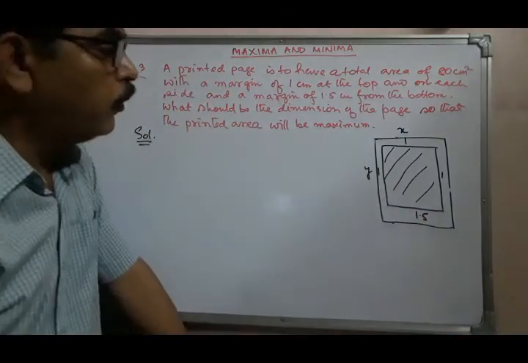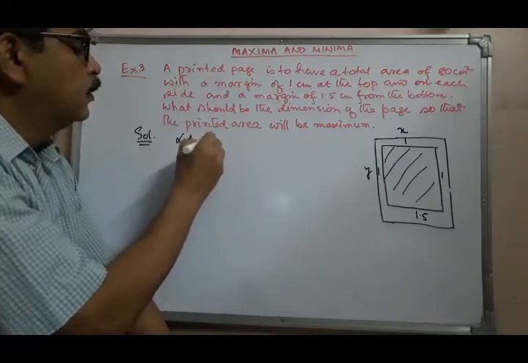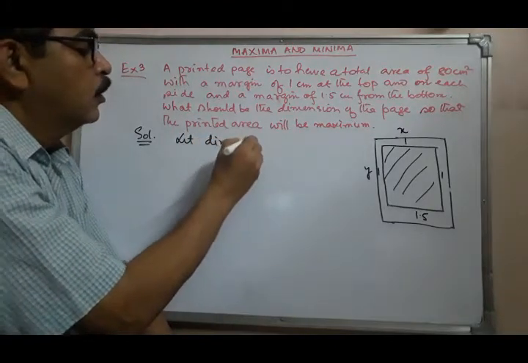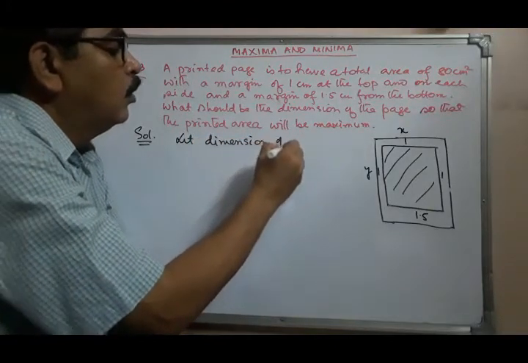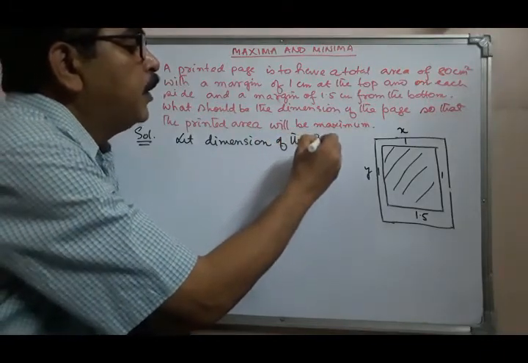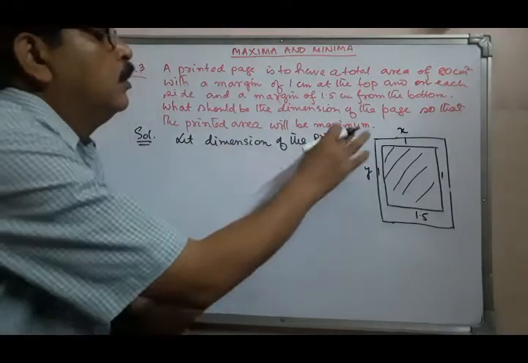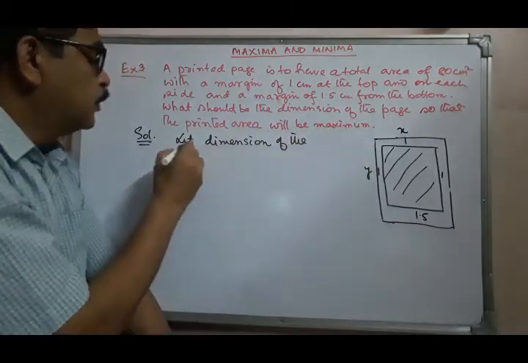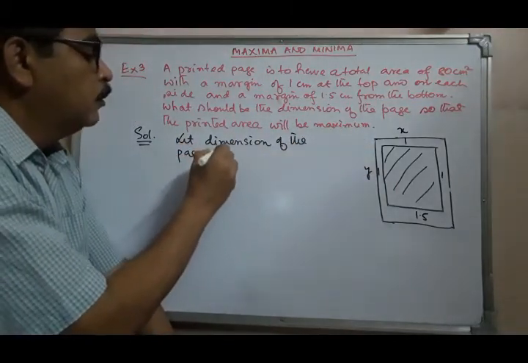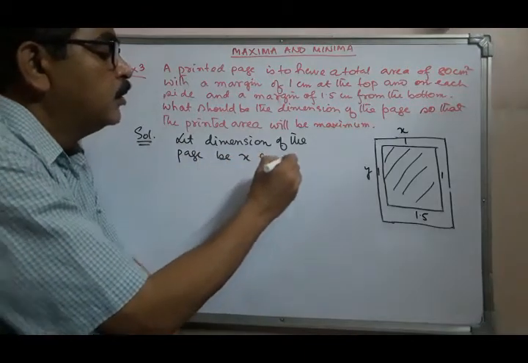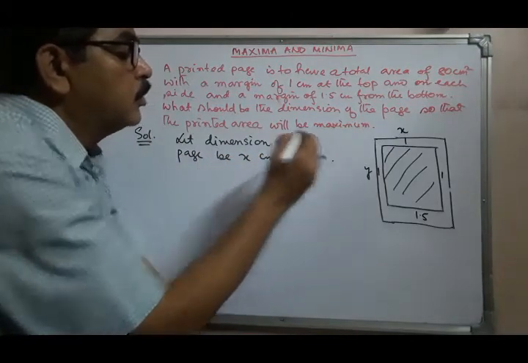So what are the two variables? Let the dimension of the page be x centimeter and y centimeter.